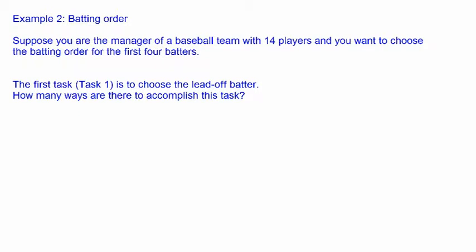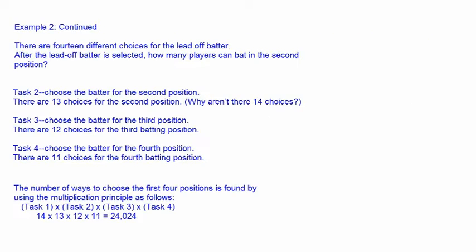We will assume in the example that any of the 14 players would be a suitable leadoff batter, so there are 14 choices for the first batter. So we found in arranging this batting order, the manager has 14 choices for the leadoff batter.